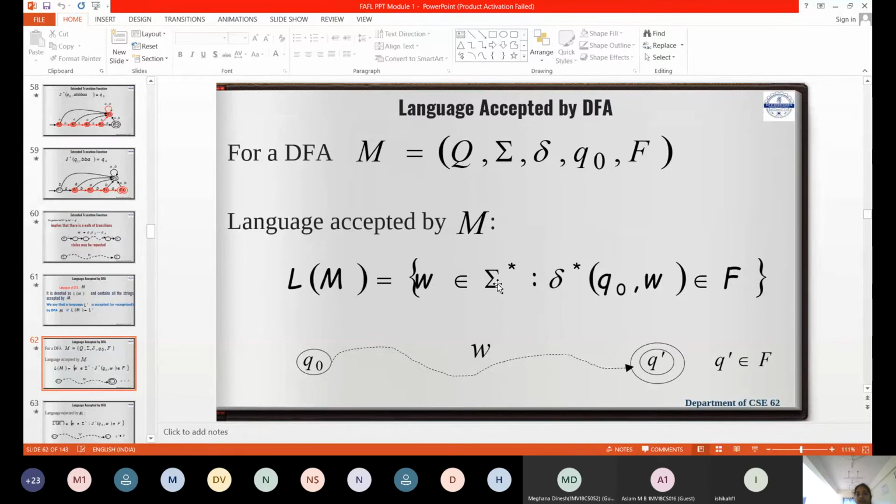What is sigma star? It's a string actually, a combination of 0 or more input symbols. If I apply my extended transition function from the initial state, where I apply the string, I have to reach the final state, where Q dash is the final state.